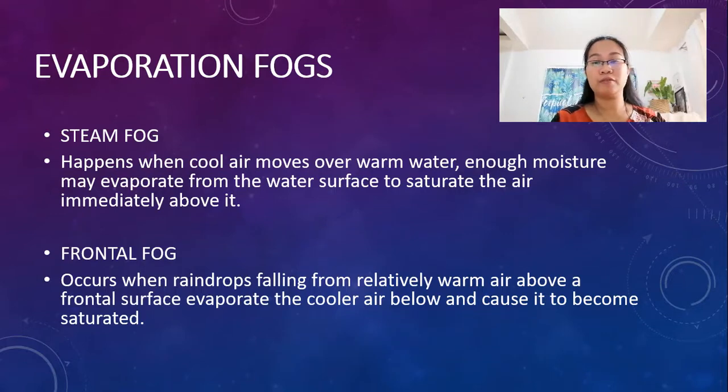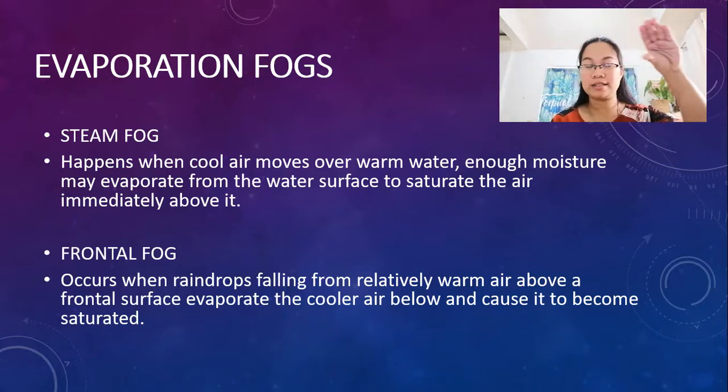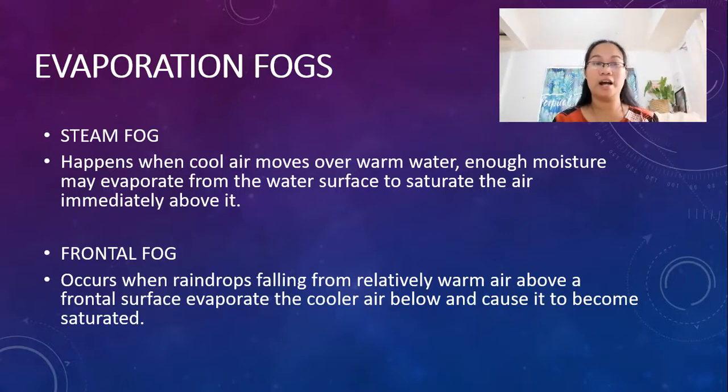It occurs when raindrops falling from relatively warm air above a frontal surface evaporate into the colder air below. Due to that evaporation, the colder air again becomes saturated and it will form a fog. So that is known as frontal fog.